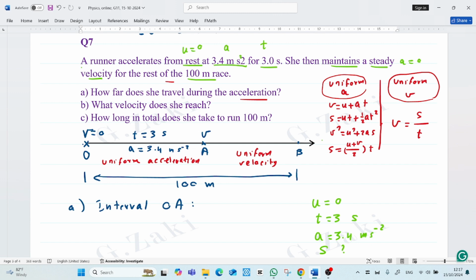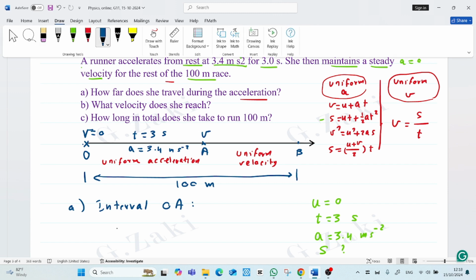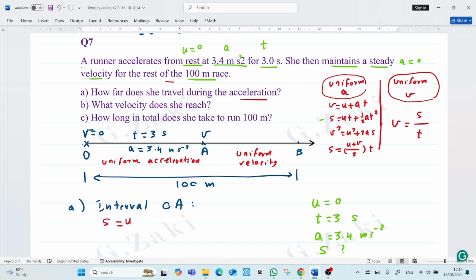Yes, S equals ut plus half at squared. Now substitute: 0 multiplied by 3 plus half multiplied by 3.4 multiplied by 3 squared. The answer is 15.3 meters.